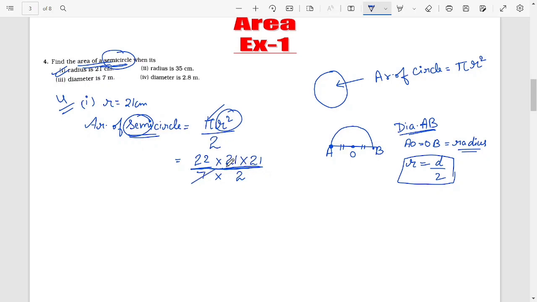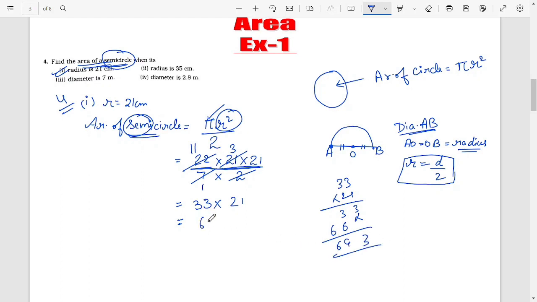Now with the table of 7 we will cut these two numbers: 7 ones are 7, 7 threes are 21. Now with the table of 2 we will cancel 22: 2 elevens are 22. Now 11 into 3 will be 33. Multiply by 21. Now we will multiply them. 33 into 21, the answer will be 693.